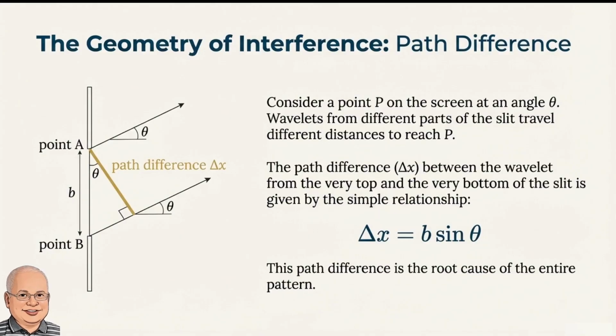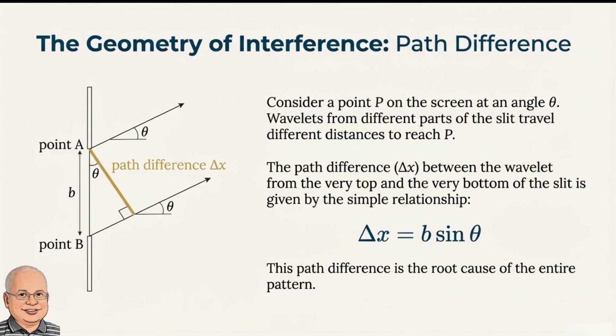So, looking at the geometry, delta x will be b sine theta. b is the hypotenuse of the right angle triangle. From A we have dropped a perpendicular, so it will be b sine theta. Theta is the angle between the hypotenuse and the perpendicular dropped from point A.